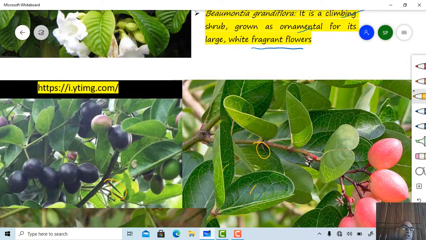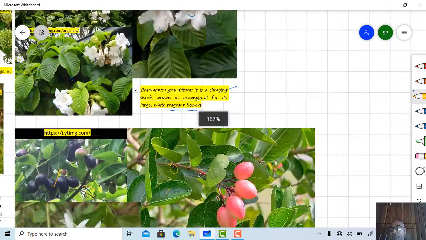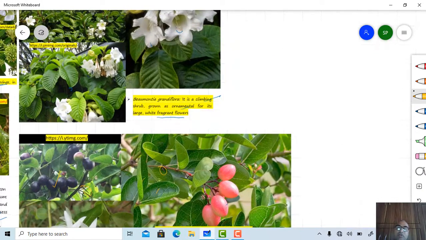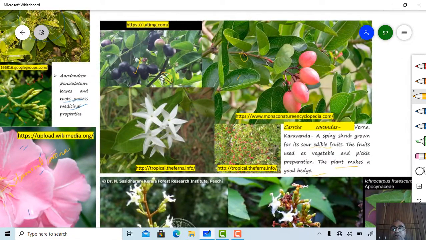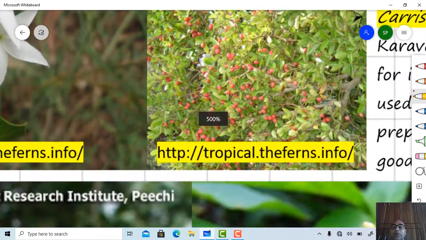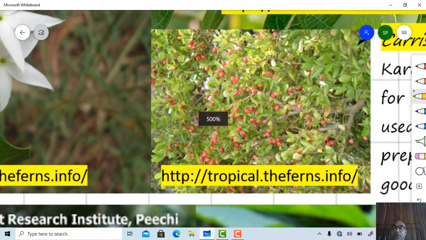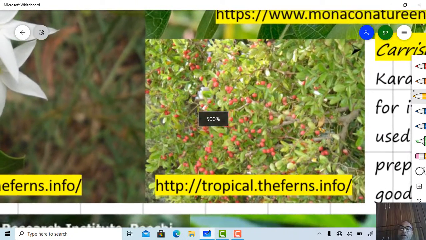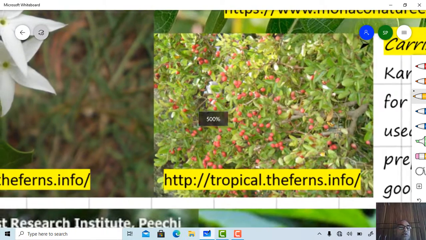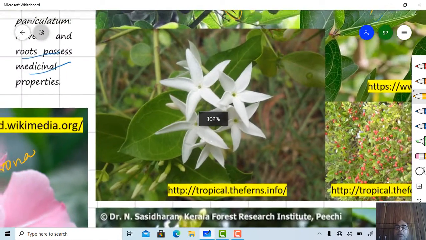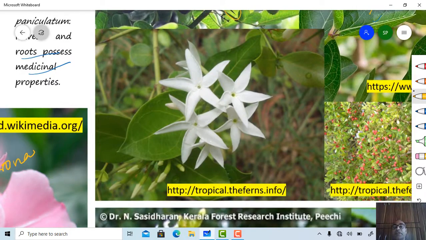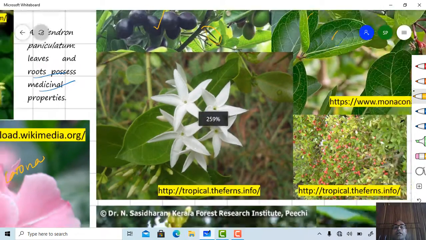The black colored ones are the matured berries, while these are unripened berries. This figure indicates the nature of a hedge plant, and this one represents the type of flower present in Carissa carandus.